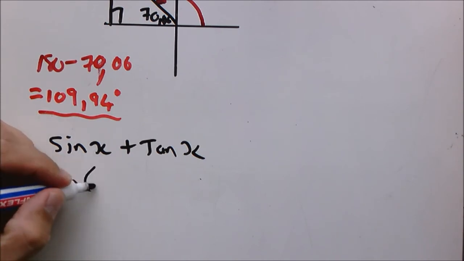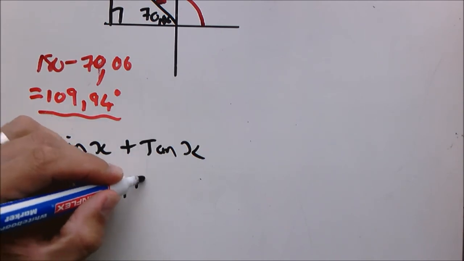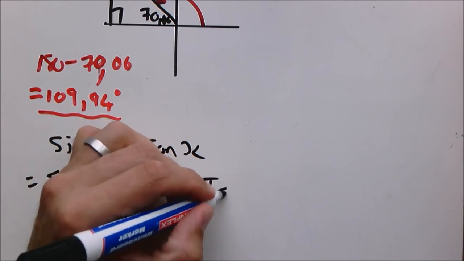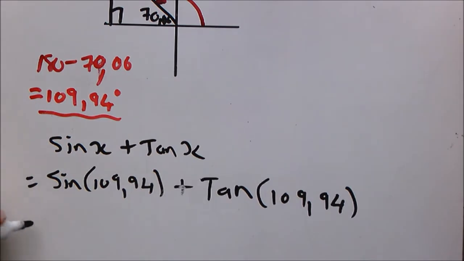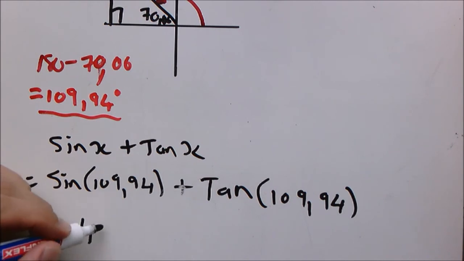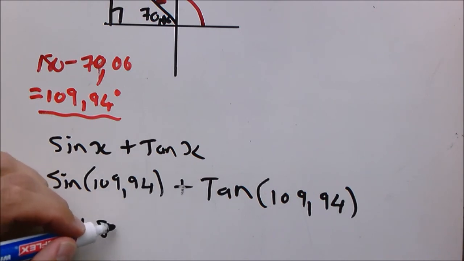So it's sin 109.94 plus tan 109.94, and then we can get the final answer, which is negative 1.82.